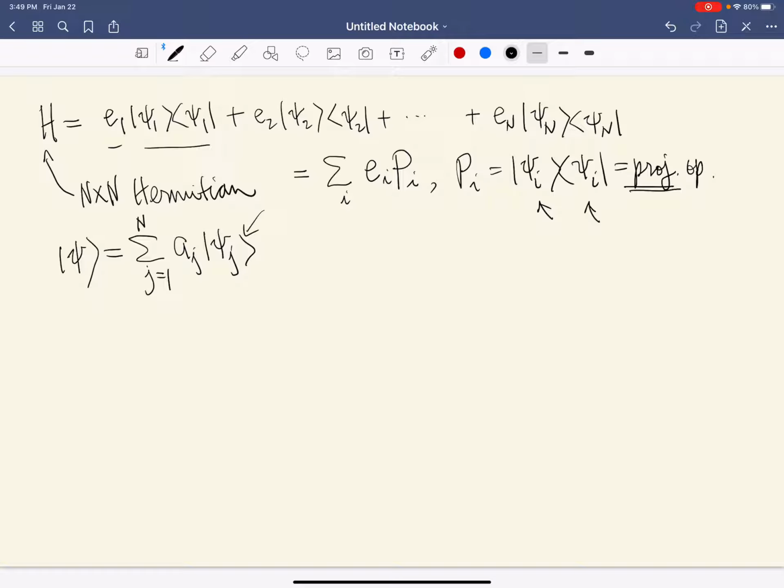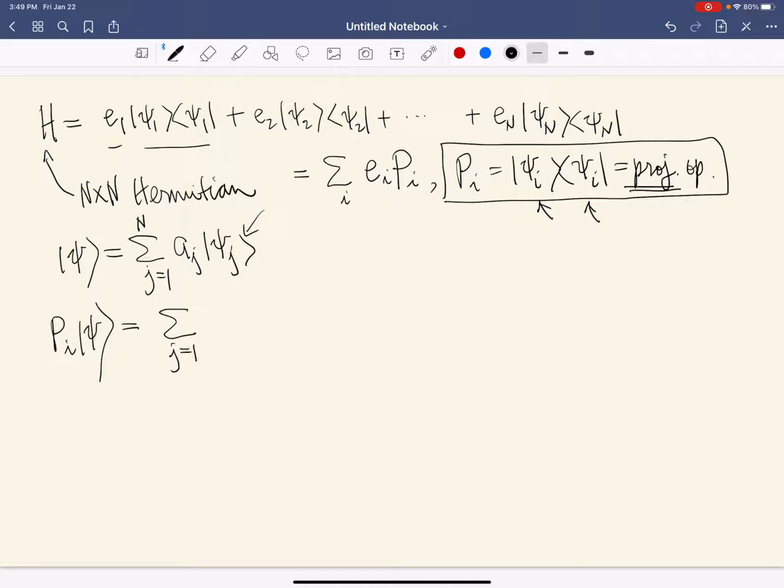And when I act on this arbitrary state with a projection operator P_i, which is one of the many projection operators you can define, so now P_i will act on this state.